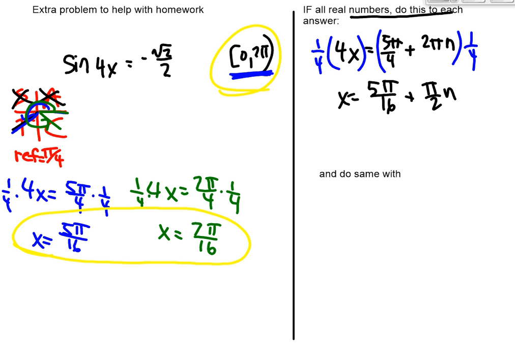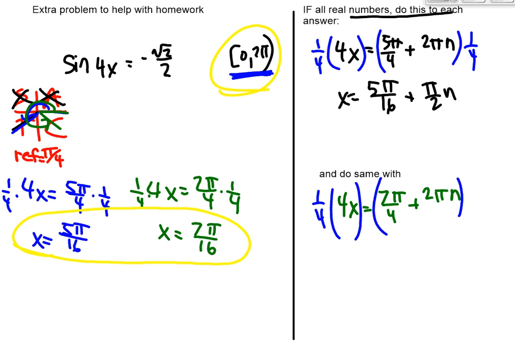And then I'll do the same with this other one. So 4x equals 7 pi over 4 plus 2 pi n. Just remembering that if it's not just a plain x, you add the 2 pi n before you get that plain x alone, and that will help you not have issues with these kinds of problems.